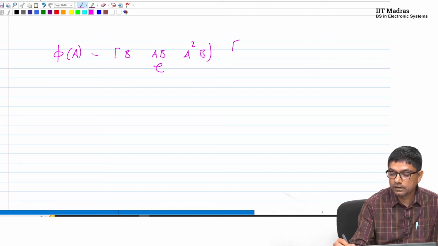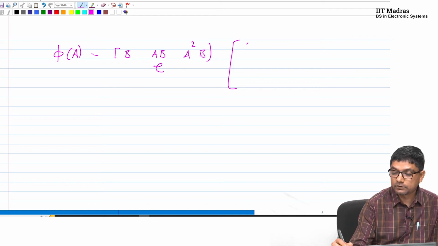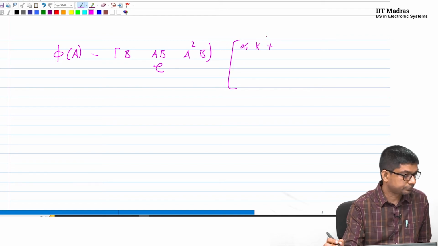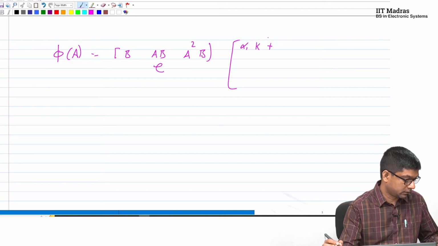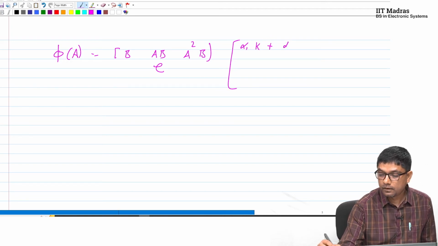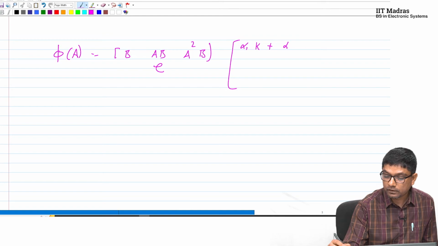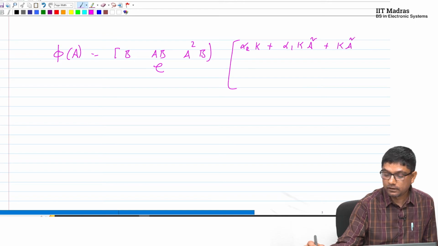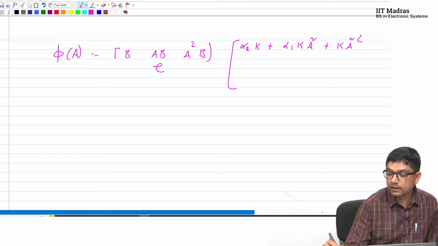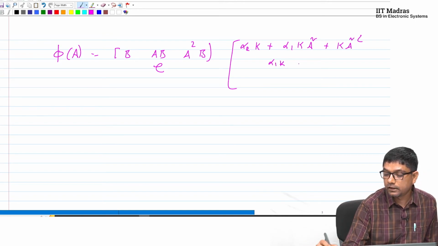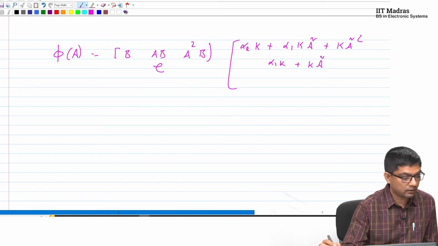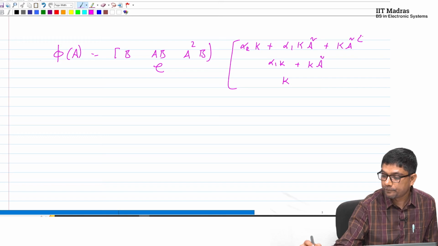This is my c, and the terms here will be alpha 1 k plus alpha 2 k, alpha 1 k a tilde plus k a tilde square. Then I will have alpha 1 k plus k a tilde, and lastly I will have k.